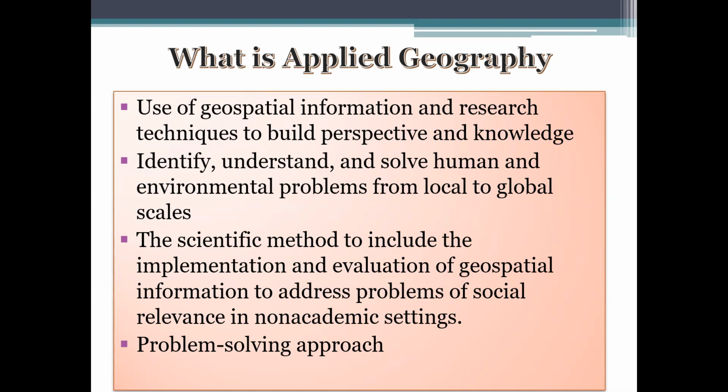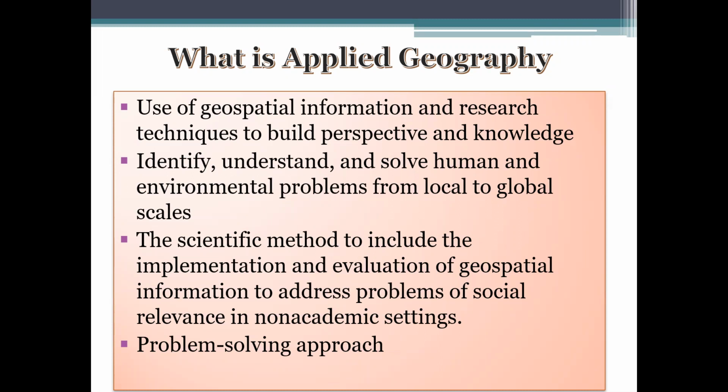Therefore, building knowledge is very important, and building perspective is very important. So what we learned from the first para of the handout was that applied geography tries to use geospatial information and research techniques to build perspective and knowledge.